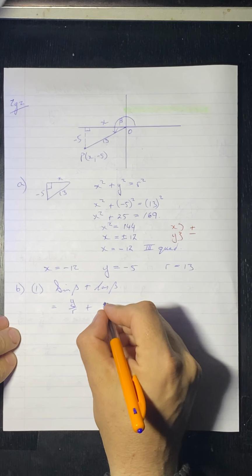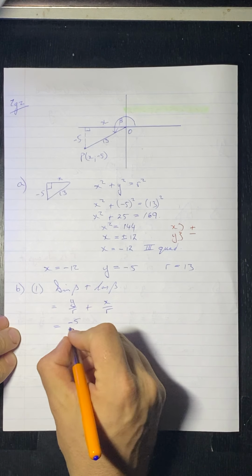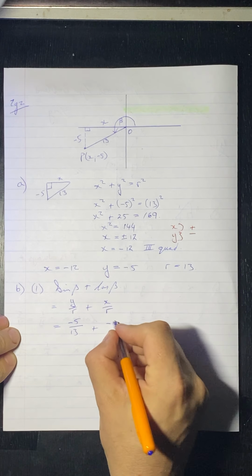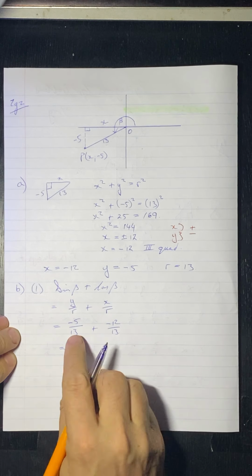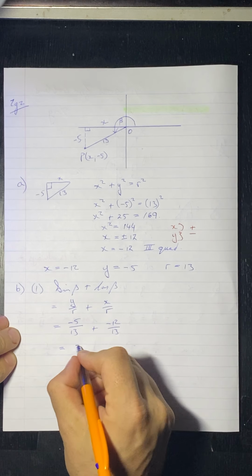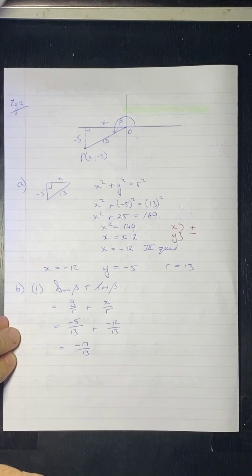I know what my y, my x, and my r are from here. So our y is minus 5 over r is 13, plus x is minus 12 over r is 13. The denominators are the same, so I can just add the tops. Minus 5 minus 12 is minus 17 over 13. And that's the value for that one.